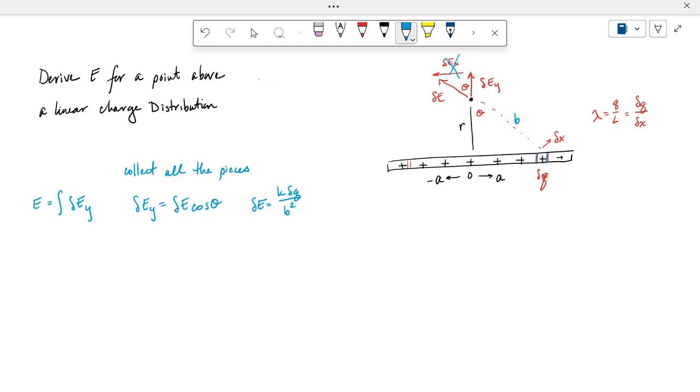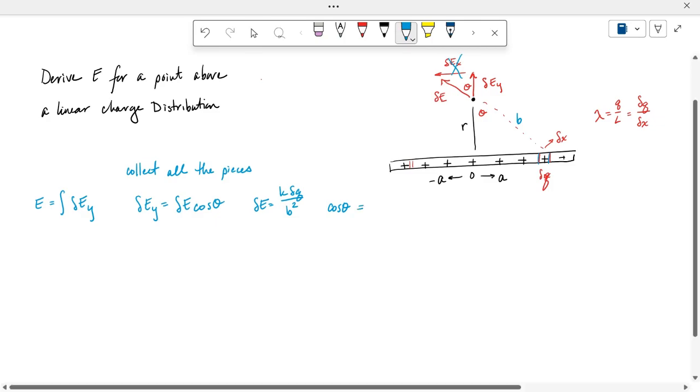We also have the fact that cosine of theta is equal to the adjacent, which in this case is r, over the hypotenuse, which is b.